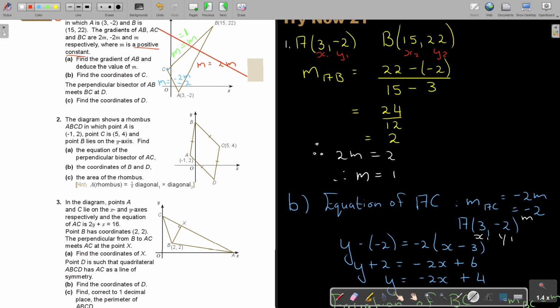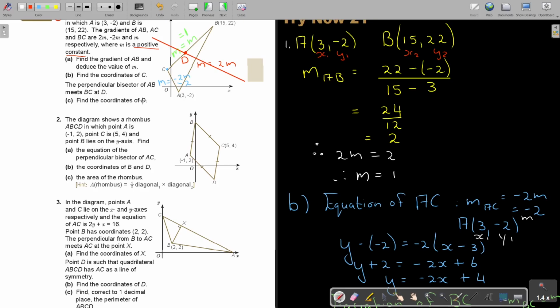I want to see if I can make it more perpendicular, like this. So the perpendicular bisector of AB meets BC at D. So basically they're telling you that this point here is going to be D. And then they say, find the coordinates of D.